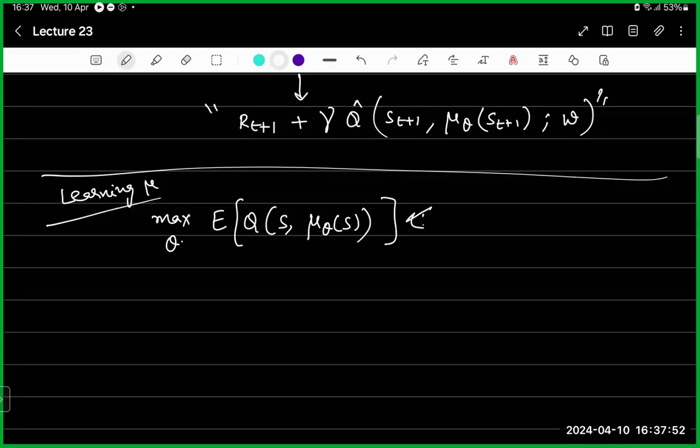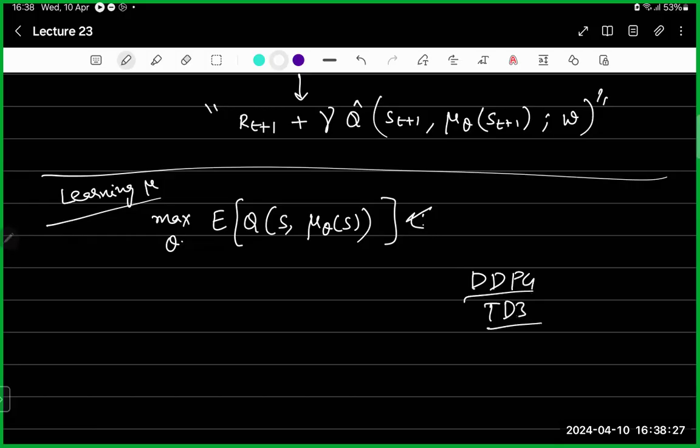This will be very similar to Q-learning, DQN, except for this change. This is also an off-policy method. You can have a memory replay buffer. You can have a target Q network. All those things you can implement here also. If you want good material to read about this, there is a blog on the OpenAI website which describes DDPG and TD3.